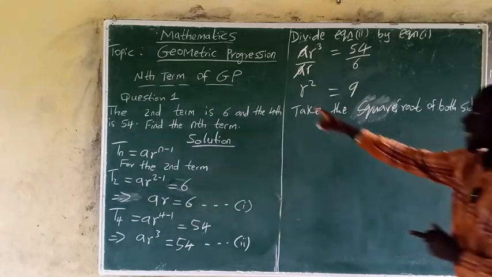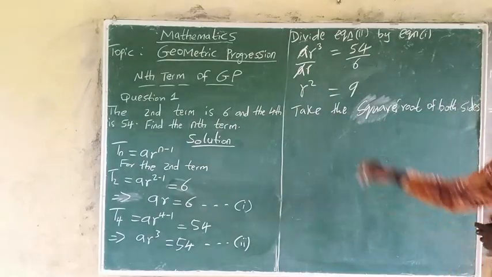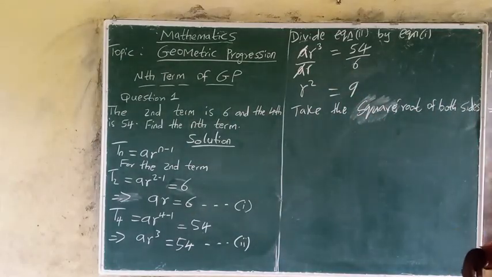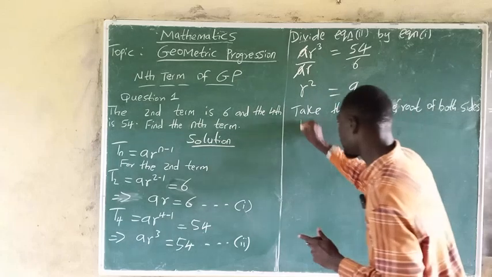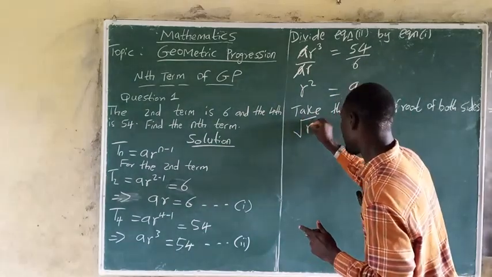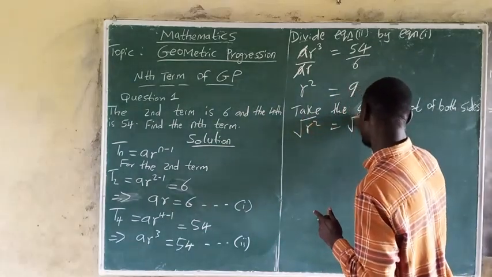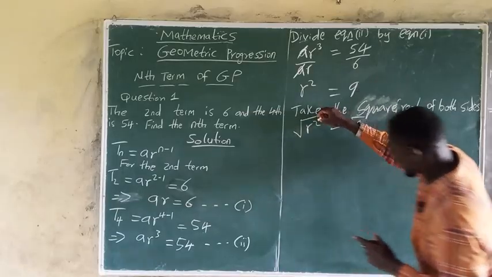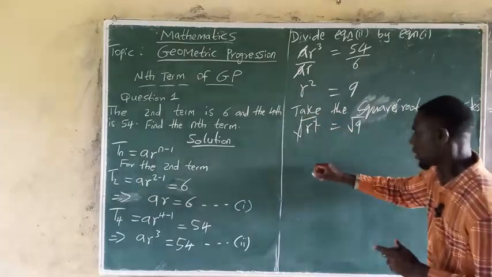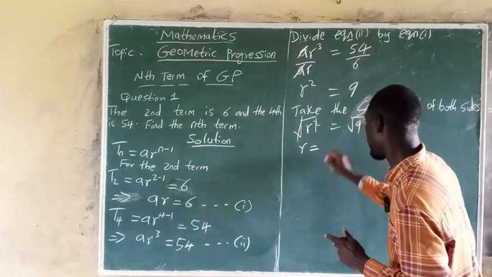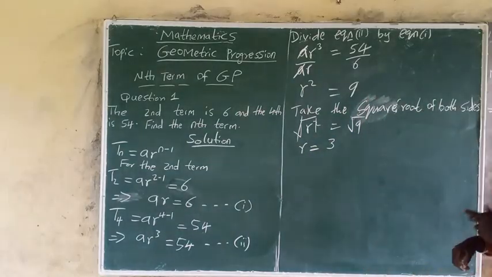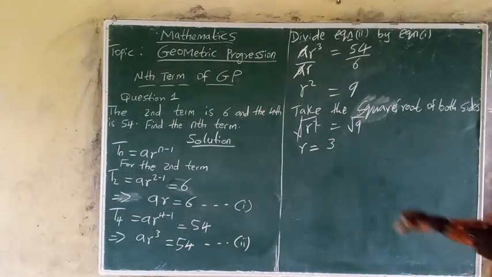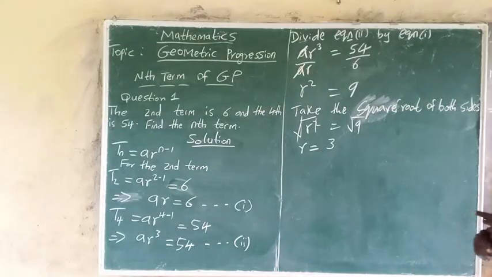Your aim is to make r the subject of the formula. You don't want power 2 to be there; you just need only one r to be there. So when you take the square root of r squared, it is equal to the square root of 9. The power 2 will cancel the root, and we end up having r is equal to 3, since the square root of 9 is 3. So now we have gotten r to be 3.